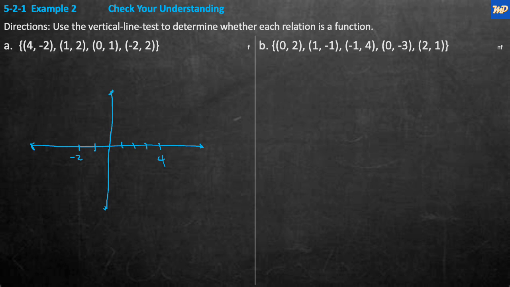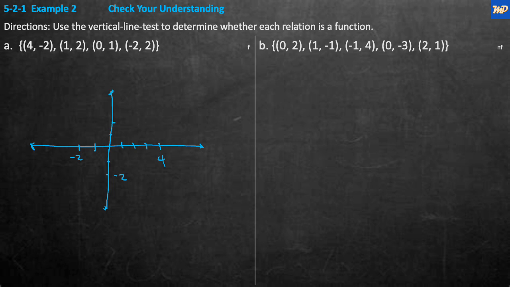So then we go from -2 to 2 to 1 to 2. So -2 goes down here, -2, -1, -2. Here's -2. We get a 1 and a 2 and a 2. So now we have a 1 and a 2.